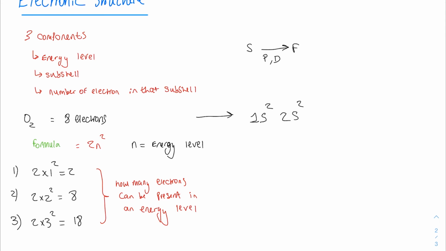We only need to fill 4 in the second energy level. So we start 2p, because after S comes the P subshell, and our remainder is 4. Now, these two top numbers should equal or be less than the max that the energy level can hold.